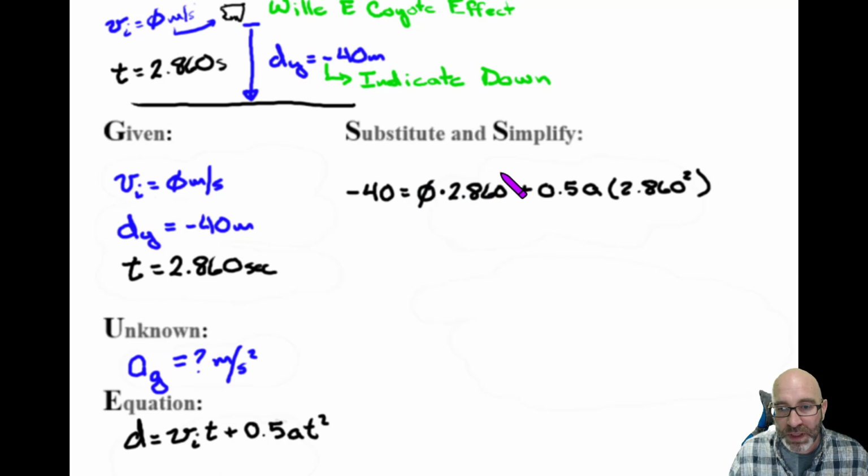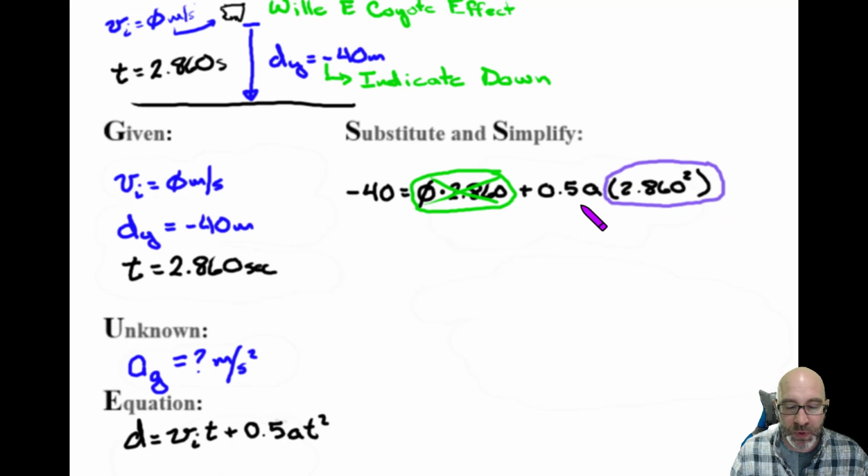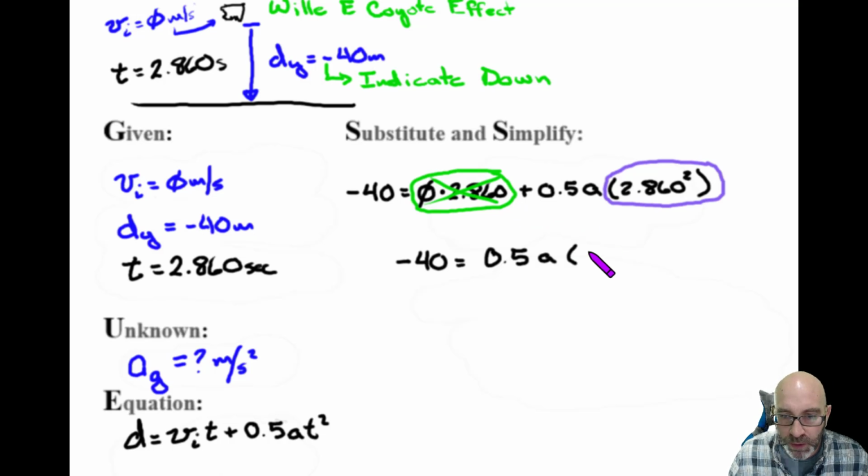Now any number times 0 becomes 0. So this blows up. Boom. But I can get out my handy-dandy calculator and I can simplify what is in the purple circle. And when I do that math, I find it is 8.1796.